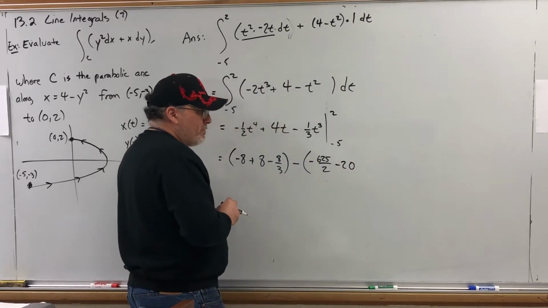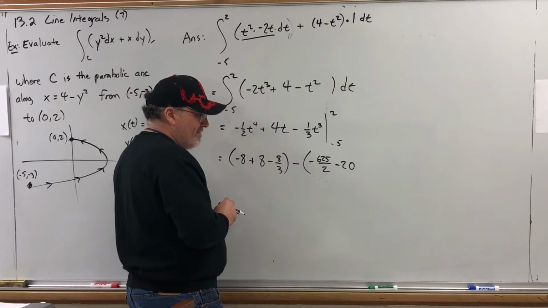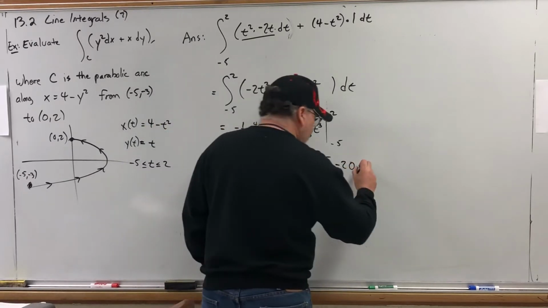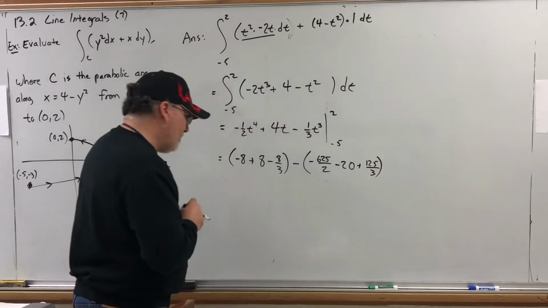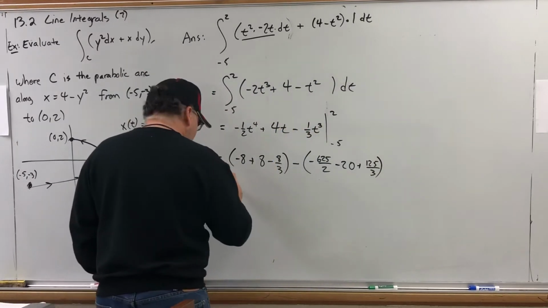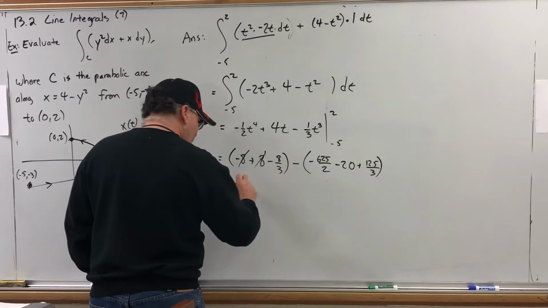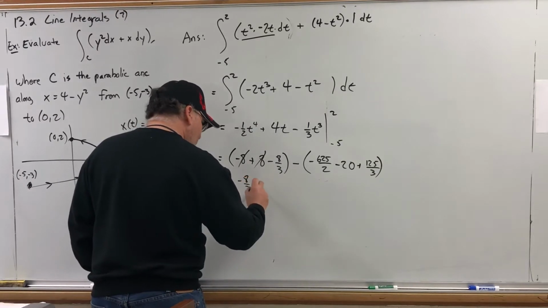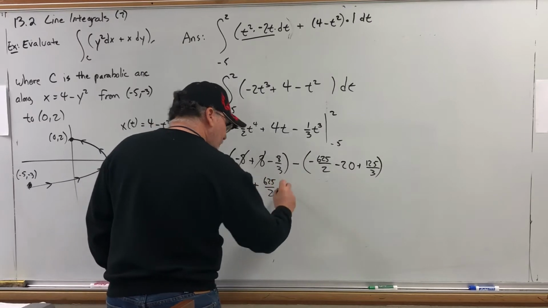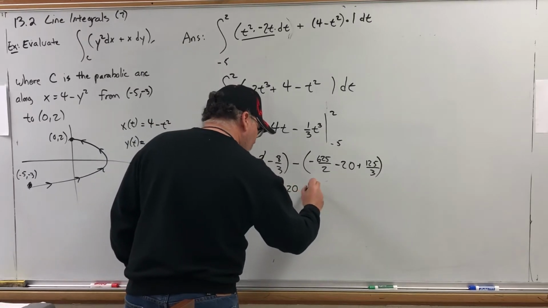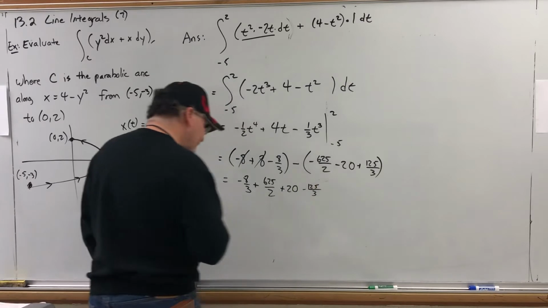Negative 5 to the third power is negative 125, times negative 1/3 is positive 125 thirds. I'm going to go ahead and distribute the negative and cancel these 8s. So negative 8/3 plus 625 halves plus 20 minus 125 thirds.